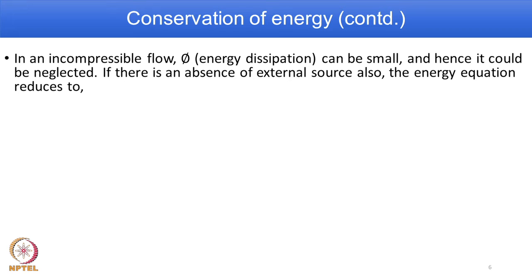In the case of incompressible flow, phi, which represents the energy dissipation, will be very small, hence the effect can be neglected from that equation. Similarly, if there is absence of an external source, then the energy equation gets reduced to only one term on the right hand side.